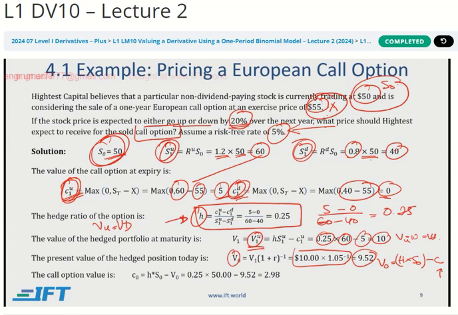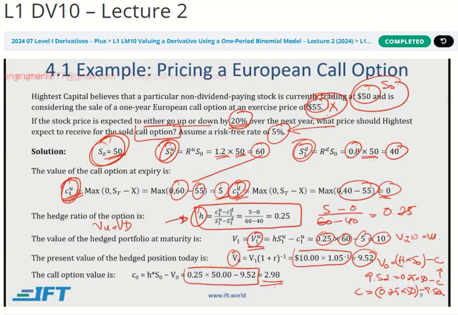So now you know V0, which is 9.52. You know the hedge ratio, which is 0.25. You know the spot price today, which is 50, and you can solve for C. So let's make C the subject of the equation. It will be 0.25 into 50 and minus 9.52, and that is exactly what you see over here. 0.25 into 50 minus 9.52, and the value of the option today is 2.98.